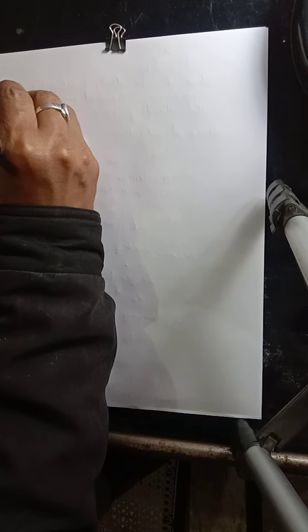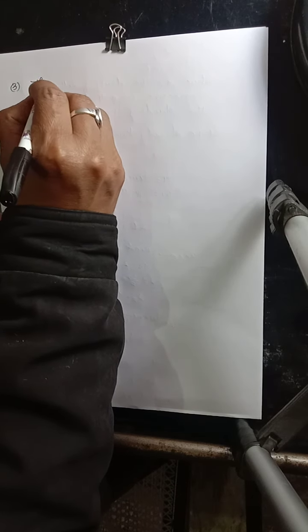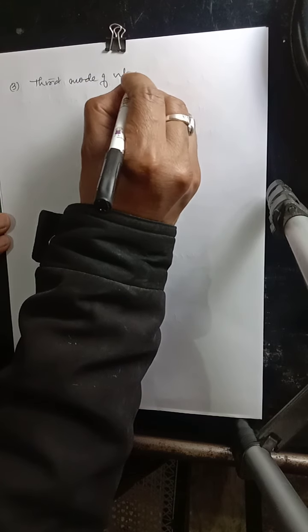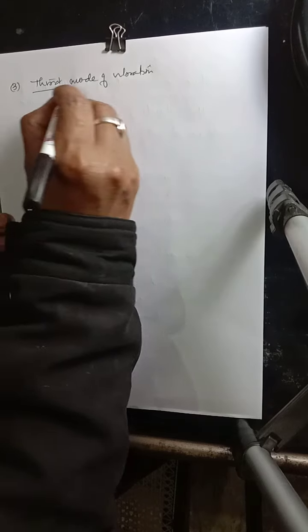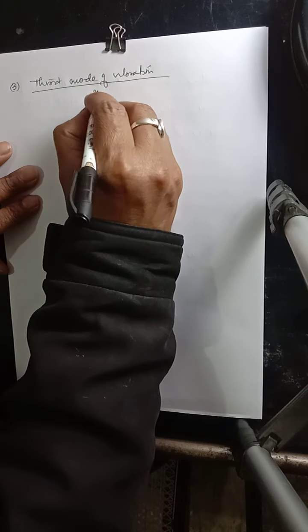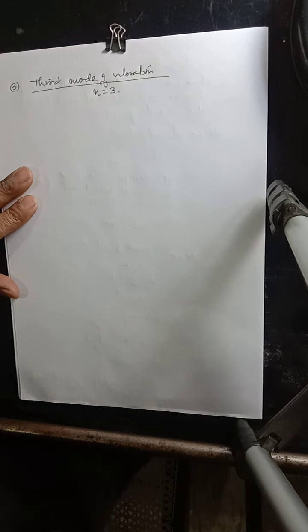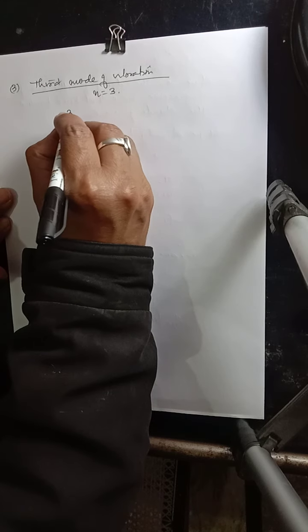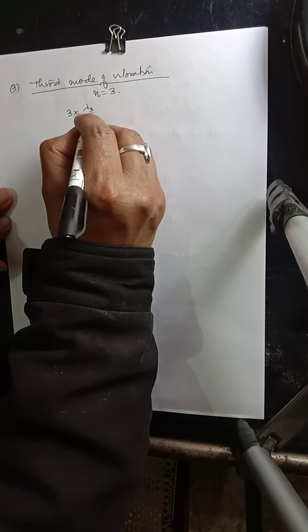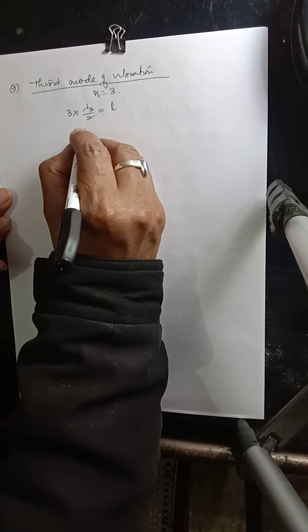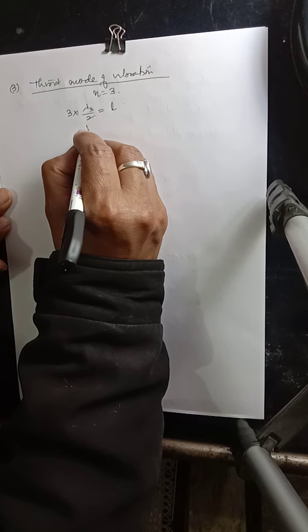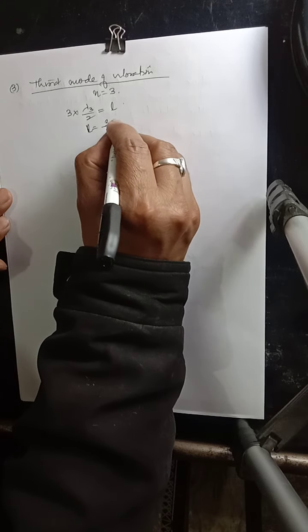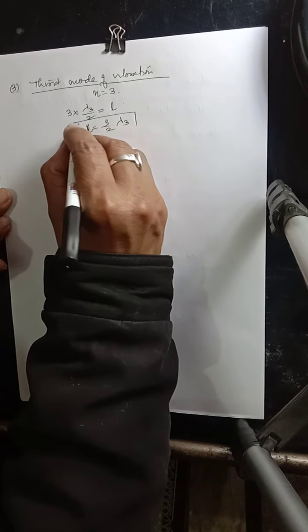Now for the third mode of vibration, in the same way, n is equal to 3. So 3 into lambda 3 by 2 is equal to L. From here L is equal to 3 by 2 of lambda 3.